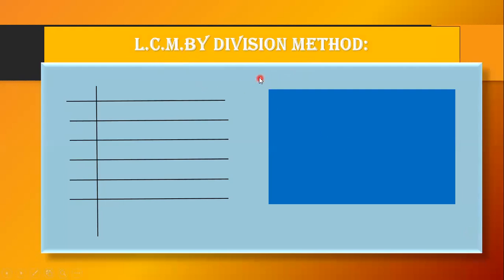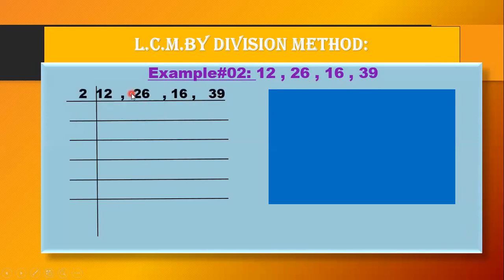LCM by division method. 12, 26, 16, 39. First you have to write them in a horizontal line, separating them with commas. Then take the prime factor. So 2 6 times is 12, 2 13 times is 26, 2 8 times is 16, and 39 as it is.